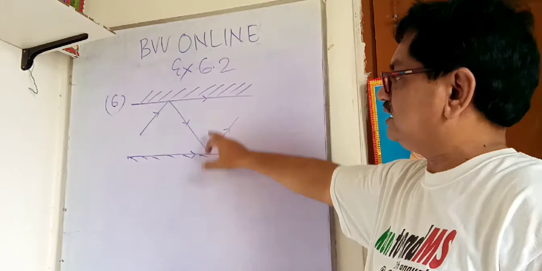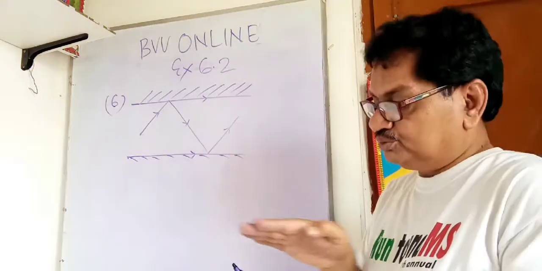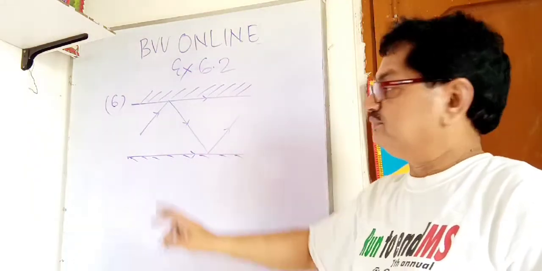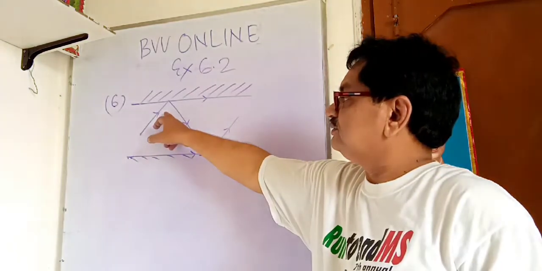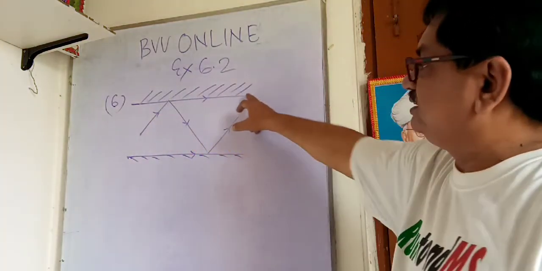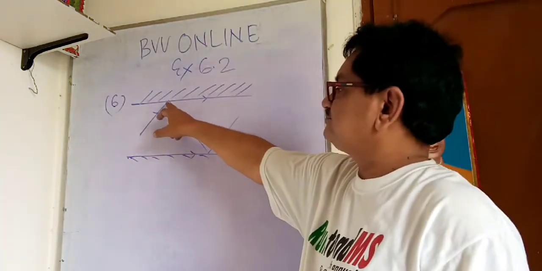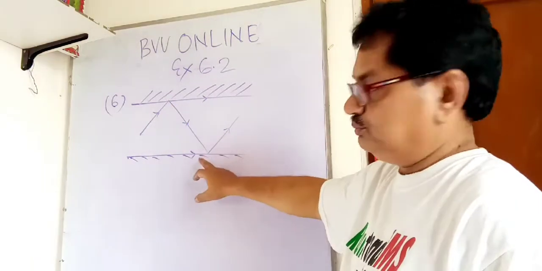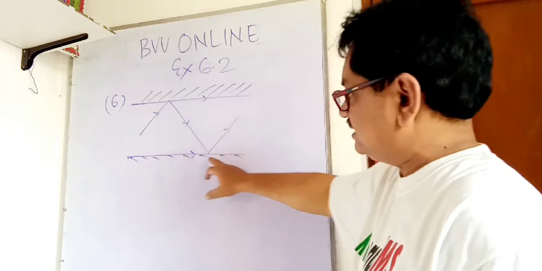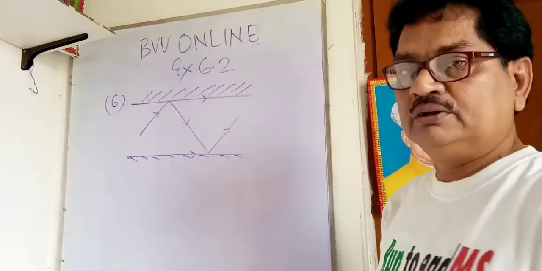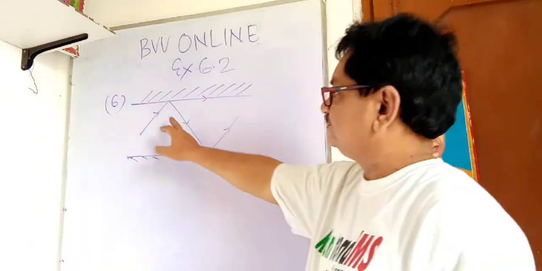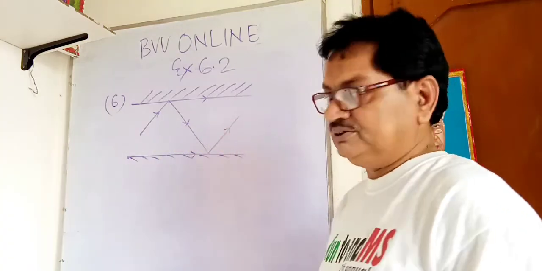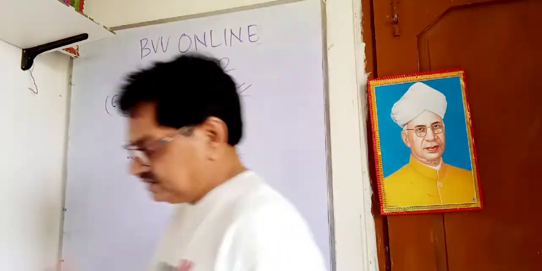Plane mirrors are kept parallel to one another, and one incident ray falls upon this mirror, and after being reflected from here it comes like this, and once again when it is reflected by the second mirror it moves in this direction. We have to prove that these two rays will also be parallel.